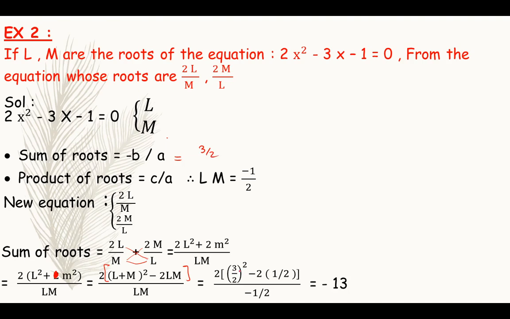We are going to put the sum of the roots equals 3 over 2 and the product of the roots negative 2 multiplied by LM, the product of the roots, which is equal to negative half. Okay, negative half over negative half, and the result will be negative 13.